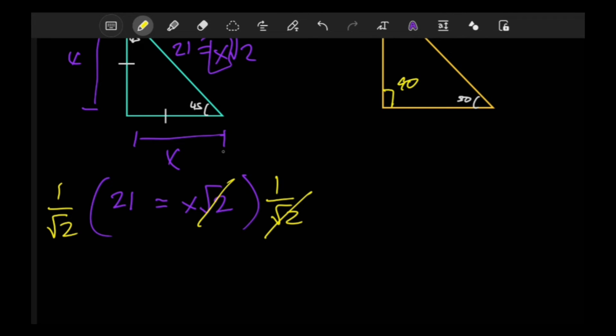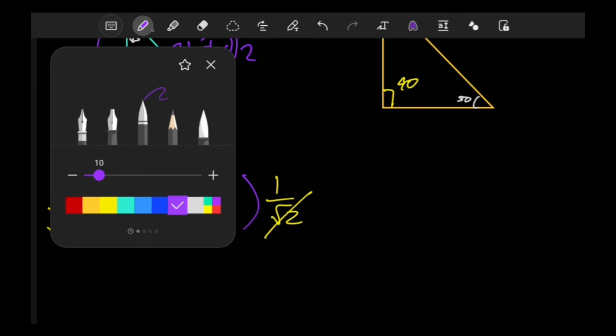Basically, the multiplicative inverse of square root of 2 is 1 over the square root of 2. So always remember, if you want to isolate x, you should multiply both sides by the inverse of its numerical coefficient, which is the square root of 2. Now we can find x.